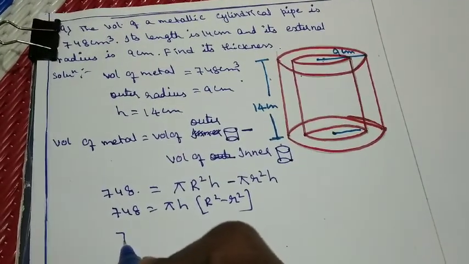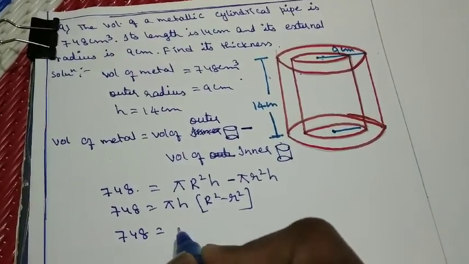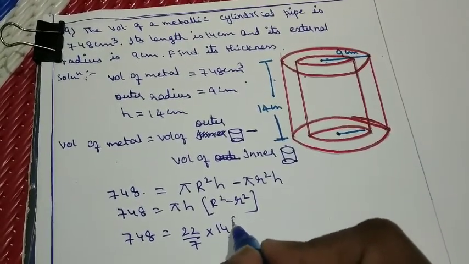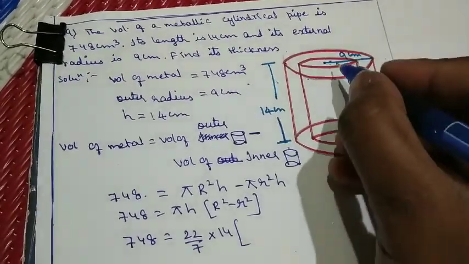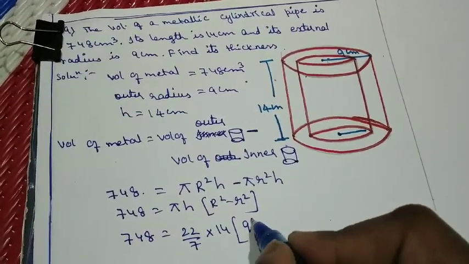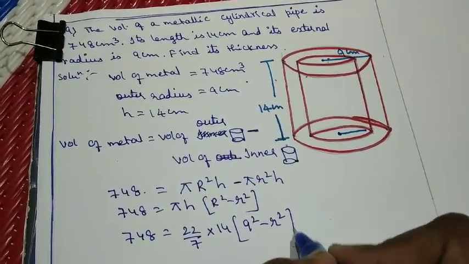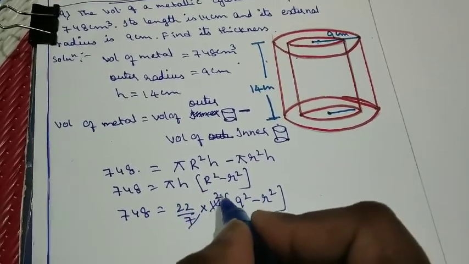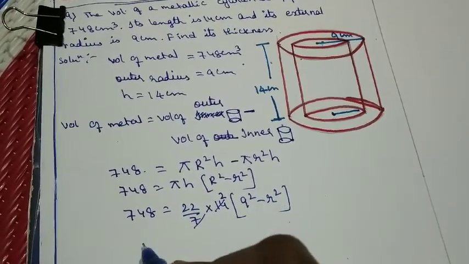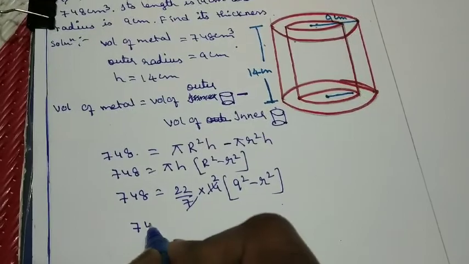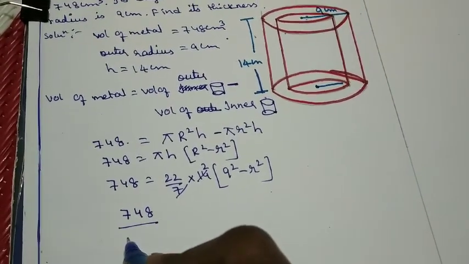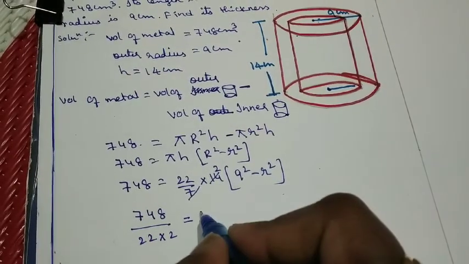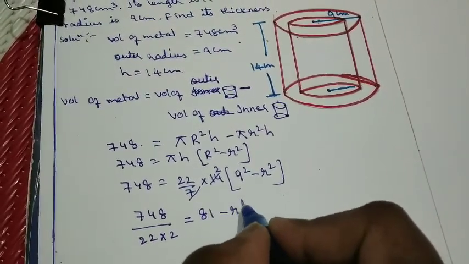Then substitute the values. 748 equal to 22 by 7 into height is 14, outer radius 9 square minus r square. 7 1s 7, 7 2s 14. This 22 into 2 is under multiplication, it changes to division. 748 divided by 22 into 2 equal to 9 square is 81 minus r square.